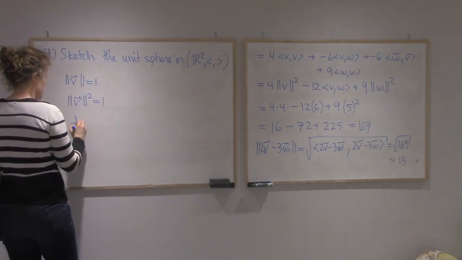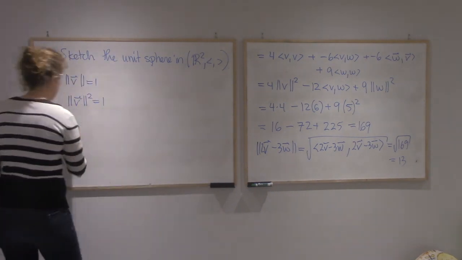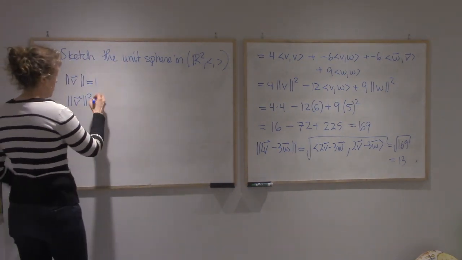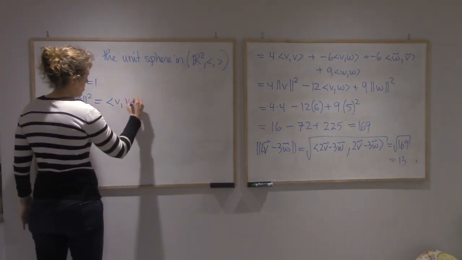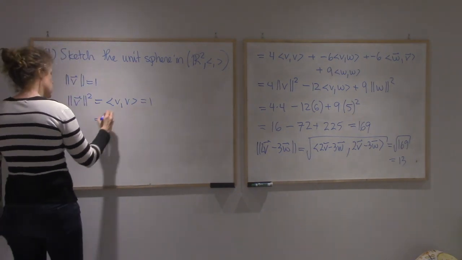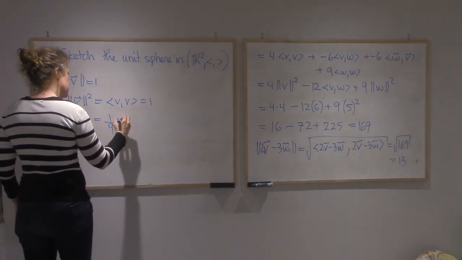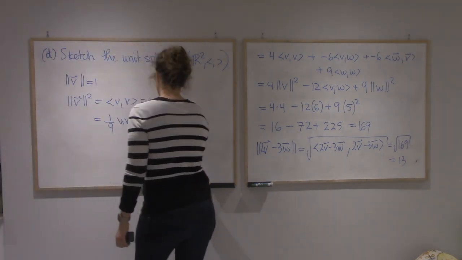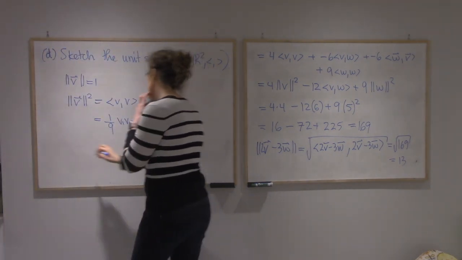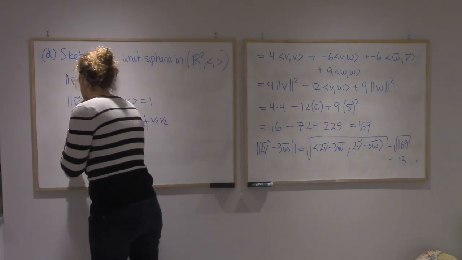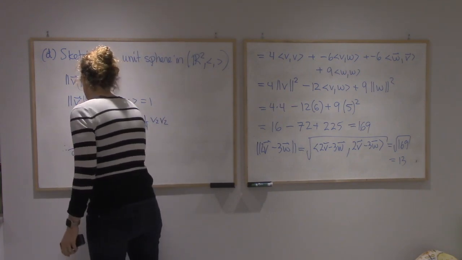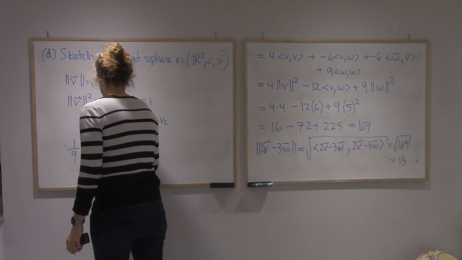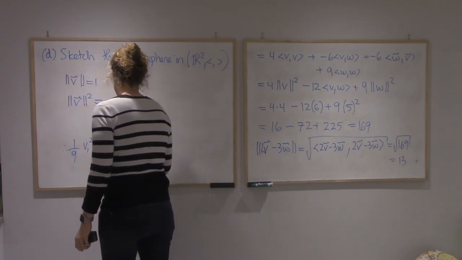So that's 1/9 of v1 squared plus 1/4 of v2 squared should be 1.